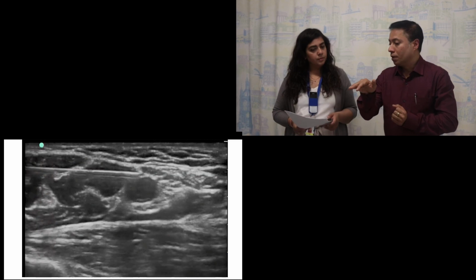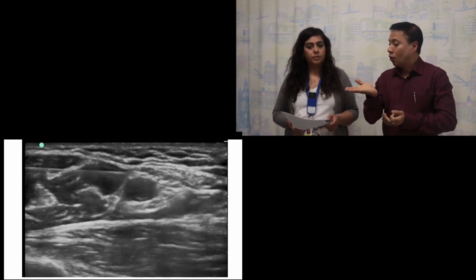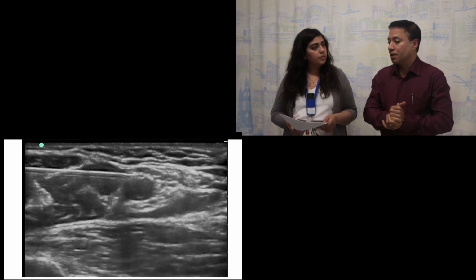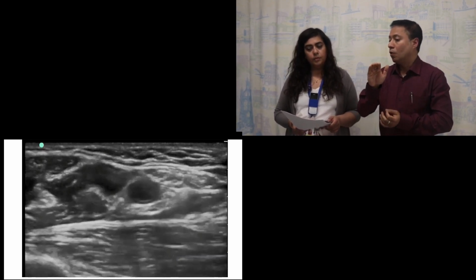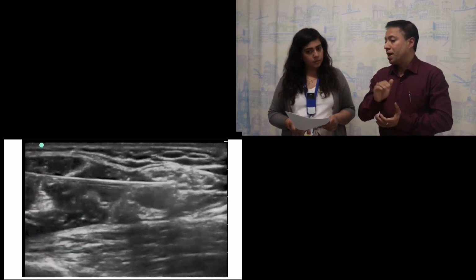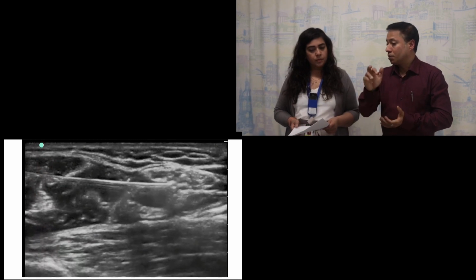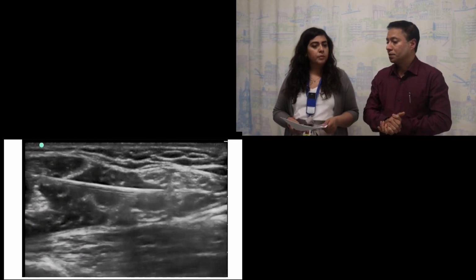We go under the conjoint tendon, under the artery, and the needle is targeted over the conjoint tendon where the radial nerve is. Once it's done, I come back and go over the artery to get the median nerve, followed by the ulnar nerve. As we are coming out, we can do the musculocutaneous nerve separately between the biceps and the coracobrachialis.